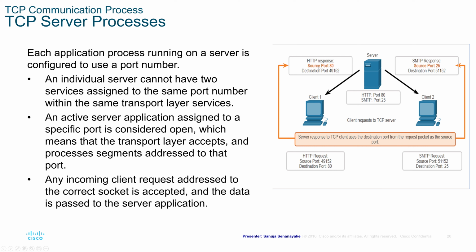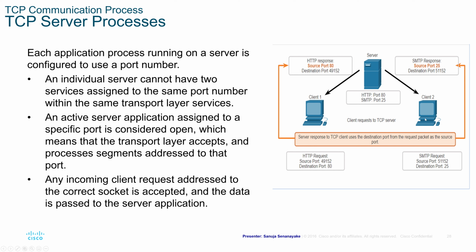So when a client requests an HTTP page, the packet from the client goes to the server with the destination port 80, and the source port of the client is going to be 49152.